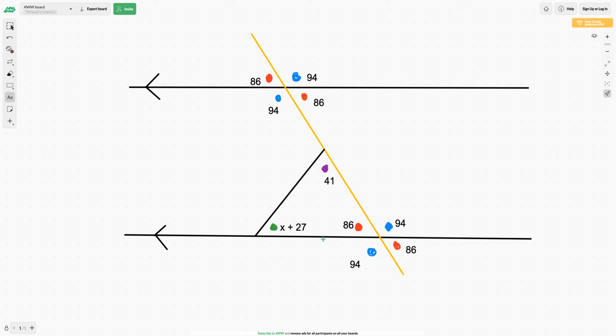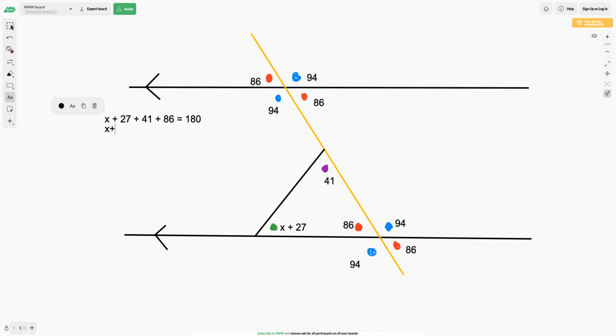So actually, for some extra verification, I'm going to do both methods because that will prove it even more. Let's start off with triangle sum theorem. So these three equal 180. So x plus 27 plus 41 plus 86 equals 180. I'm going to take out my calculator, and I need to combine the like terms. So 27 plus 41 plus 86 is equal to 154.